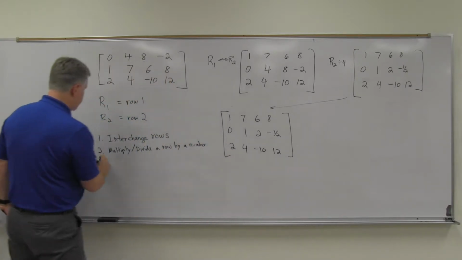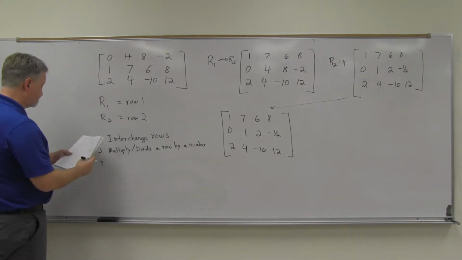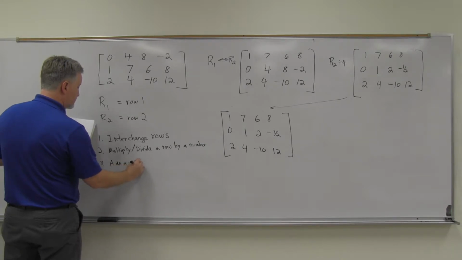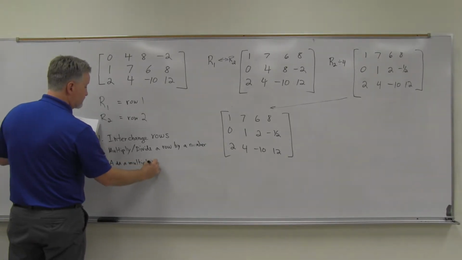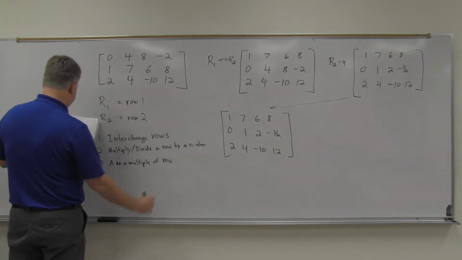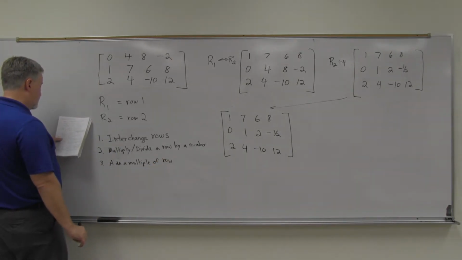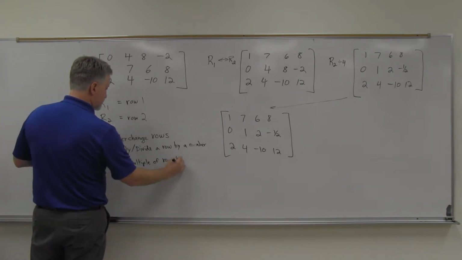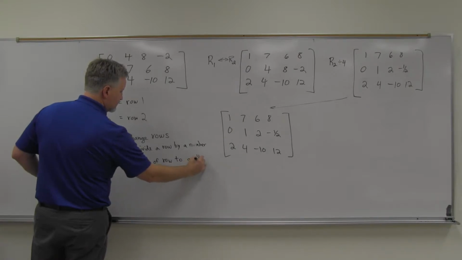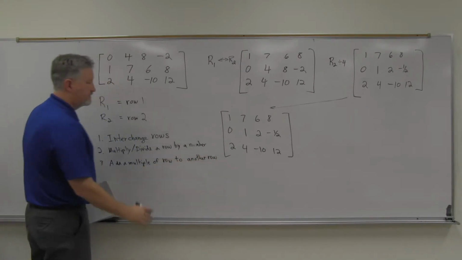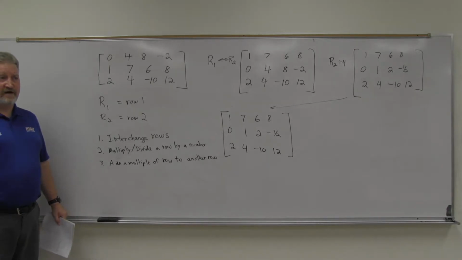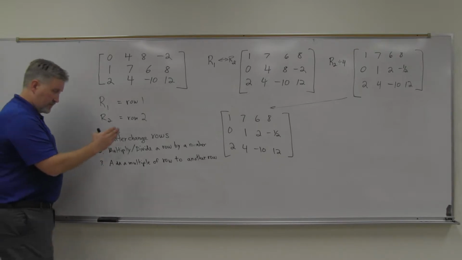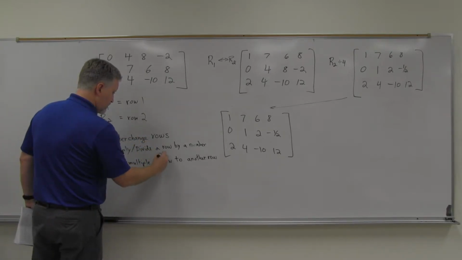So that's the third thing you can do: add a multiple of any row to another row. And that doesn't change the values of any of the numbers either.